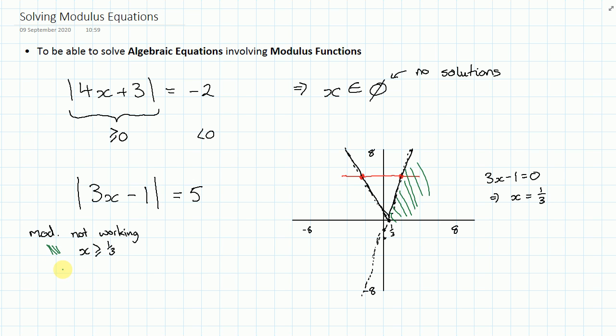Okay, modulus isn't working. Now this is a domain that we are using. We've got to talk about domains and things, but we're specifying a domain where the modulus function doesn't work. If it's not working, it doesn't need to be written in, and that leads me to 3x - 1 = 5. Rearrange it, and hopefully you will all see x = 2 is a solution. That one.